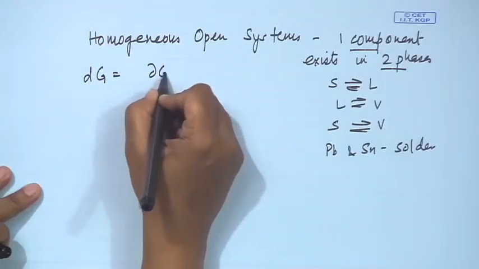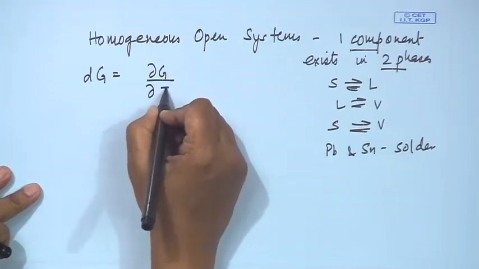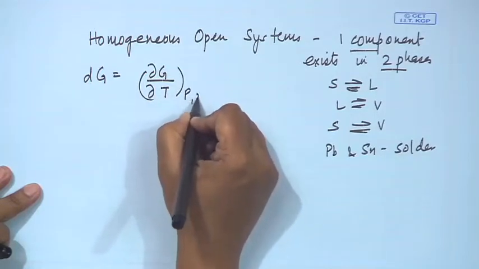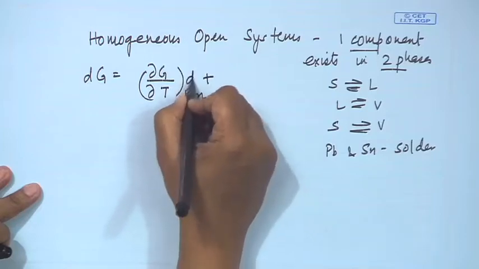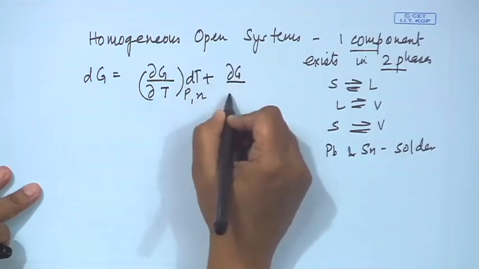Now, let us see, in this particular case, we can write down dG as (del G del T) at constant P, n dT plus (del G del P).